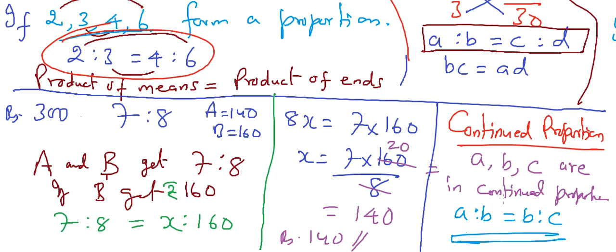So product of means equals product of extremes. The product of means is B into B, B square. So B square equals AC. So if A, B and C form a continued proportion, then B square equals AC.